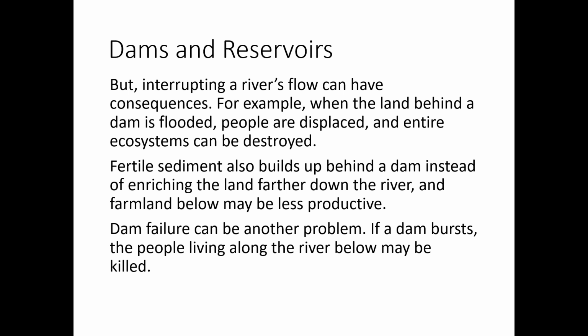So whenever you have normal flooding of rivers, say a large rain comes down and floods the riverbank, that flooding is going to deposit all that nice fertile sediment onto the land next to the river. So whenever you build a dam and you reduce that amount of flooding, you're reducing the fertile sediment getting to the land next to the river.